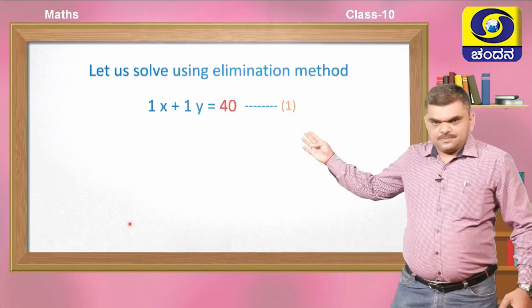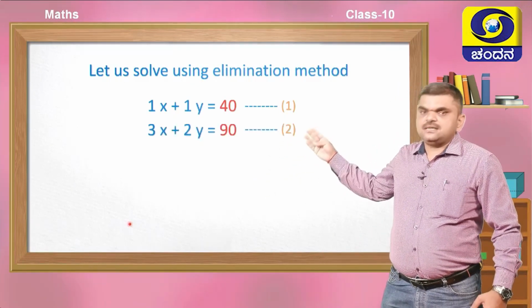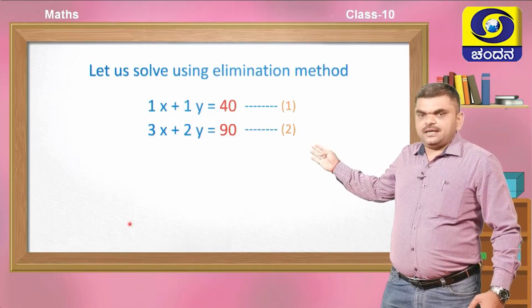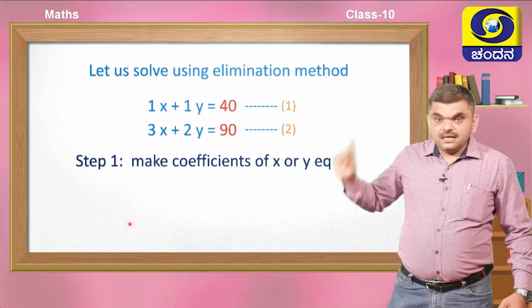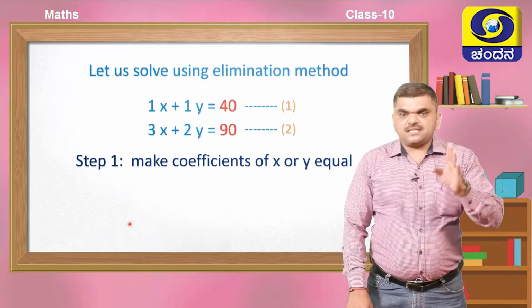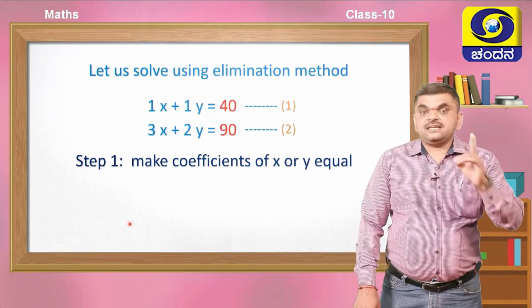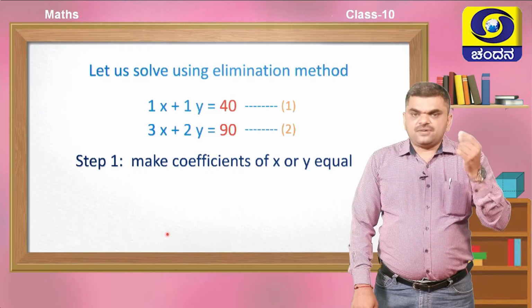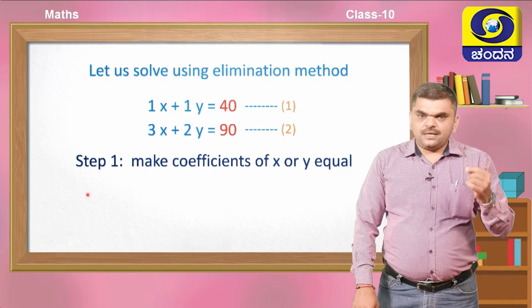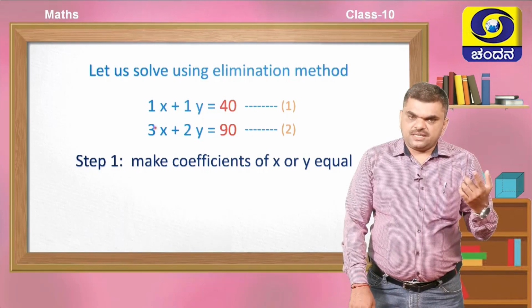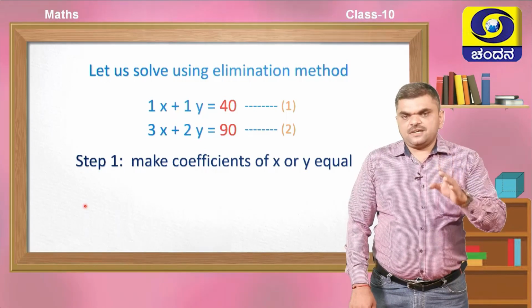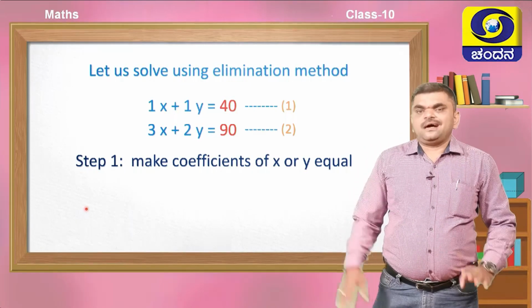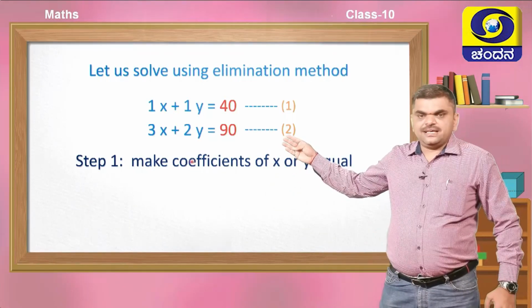We have 1x plus 1y is equal to 40, and 3x plus 2y is equal to 90, but here the coefficient of x or coefficient of y is not equal in both equations. Just observe here, in the first equation the coefficient of x is 1 and in the second equation the coefficient of x is 3, whereas in the first equation the coefficient of y is 1 and in the second equation the coefficient of y is 2.